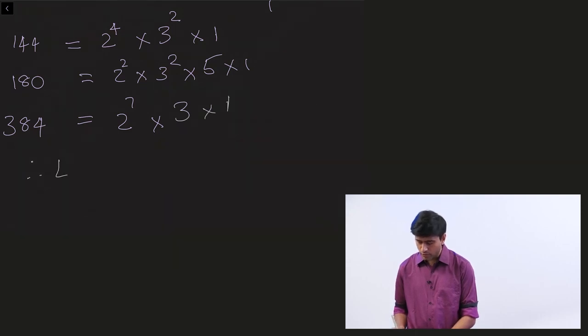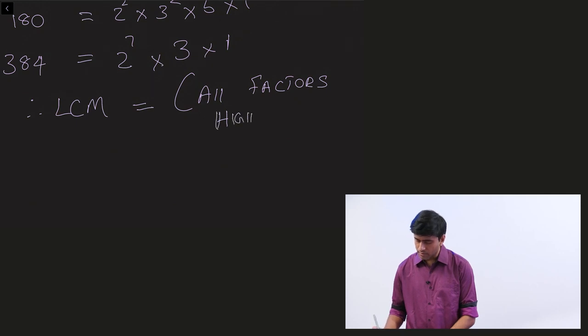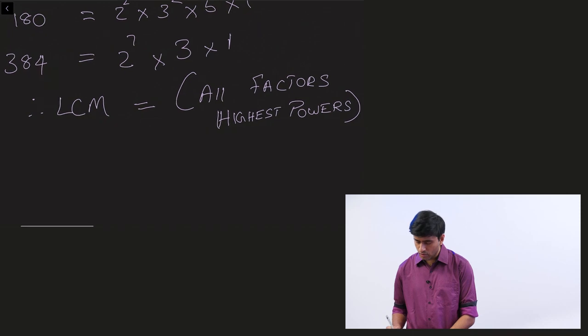Therefore, now we know how to do LCM. Remember, you have to take all factors but highest powers. This is how you take the LCM. All factors have to be considered, but the highest powers only. So what are the factors?